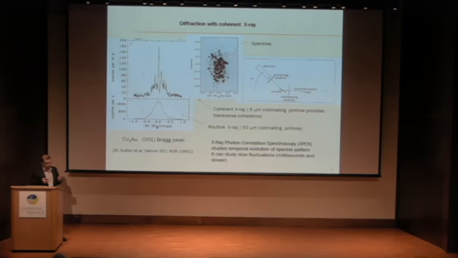Even if we have some changes in electron density, even on atomic scale, we expect that the pattern should change, and by analyzing these changes, we can observe the slow dynamics in the material on a time scale of several microseconds or slower.